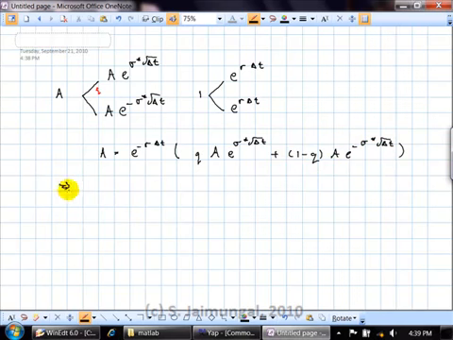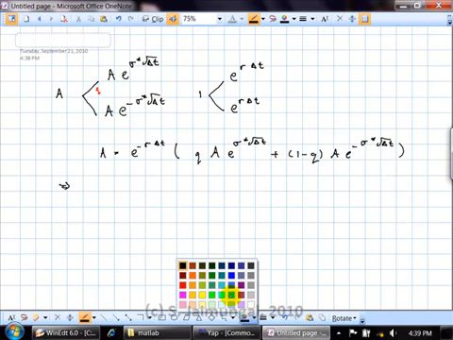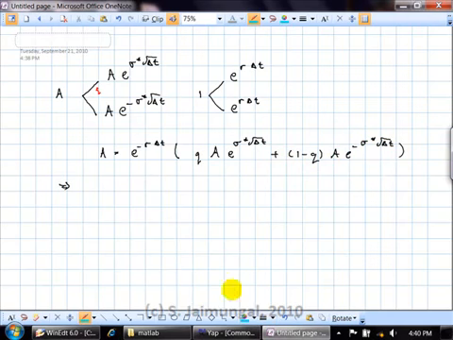And we see one very nice fact, which is that this A cancels everywhere. And what does that tell me? That tells me that this risk neutral probability doesn't depend on where in the gigantic tree I am. No matter where in the tree you are, it's the same Q. Q is independent.